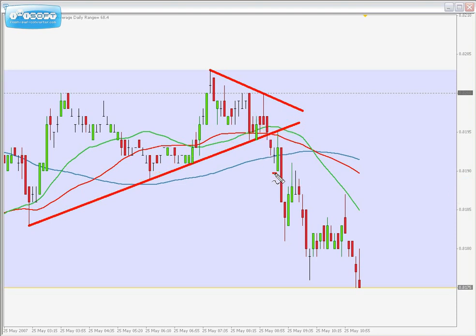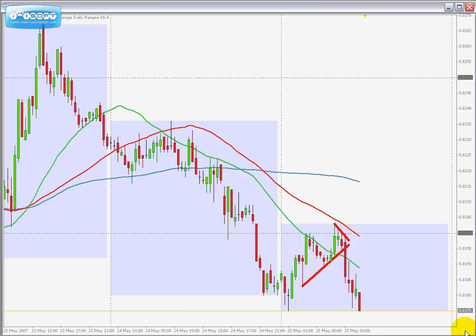That would be our entry. Let me mark that right there. It generates a new swing down in the direction of the main trend, as seen by the moving averages in the 30 minute time frame in our setup trade.